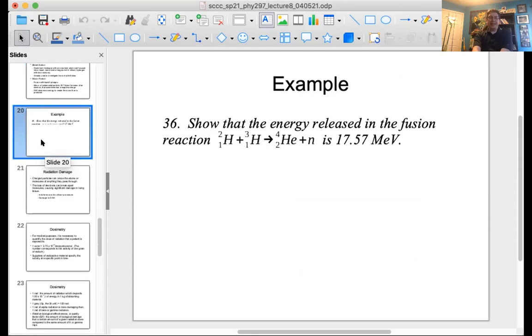So let's go to an example before we get to radiation and human health for the rest of the chapter. Show that the energy released in the fusion reaction is 17.57 mega electron volts in this particular fusion reaction. So let's set up the equation.